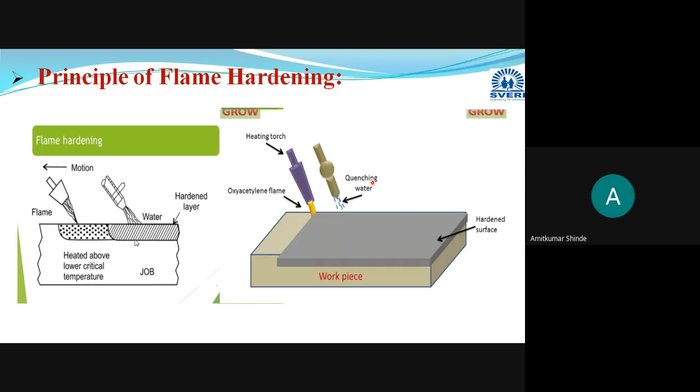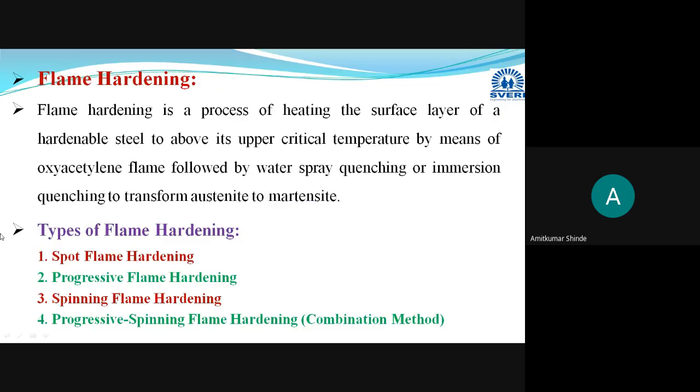First is the spot flame hardening, then progressive flame hardening, then spinning flame hardening, and the combination of progressive spinning flame hardening. Okay, I will explain it one by one.